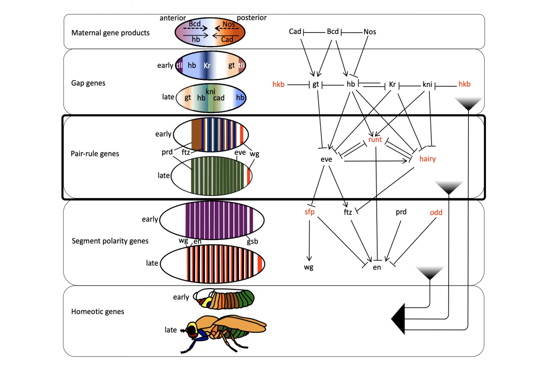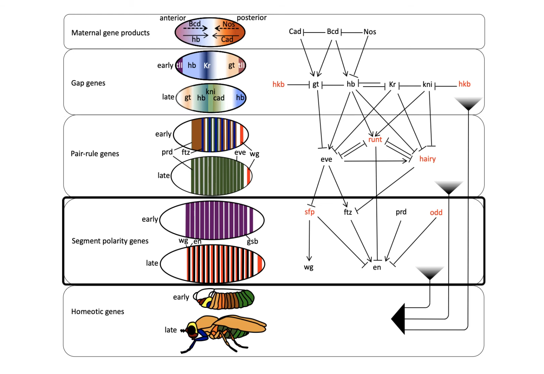And then down here, multiple cells with nuclei. And then down here, there's further separation or segmentation because of the pair rule genes, and then more, finer segmentation in the segment polarity genes.